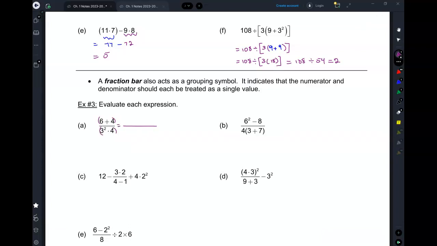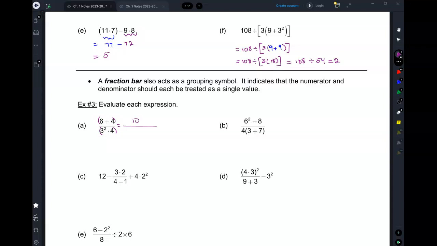So now look. The biggest thing that I try to teach my students more than the math is organization, okay? So when you have something like this, I always, before I do anything else, equal sign, fraction bar, okay? So now let's do the top. 6 plus 4, 10.